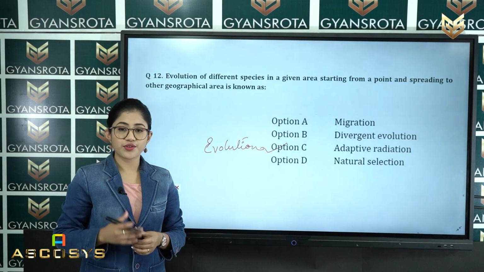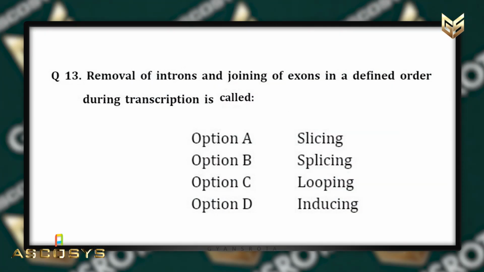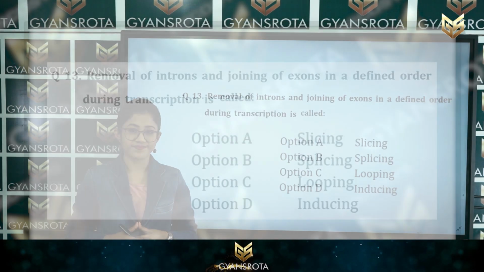Now let's see the next question, that is question number 13. Removal of introns and joining of exons in a defined order during transcription is called option number A, slicing, option number B, splicing, option number C, looping, and option number D, inducing.